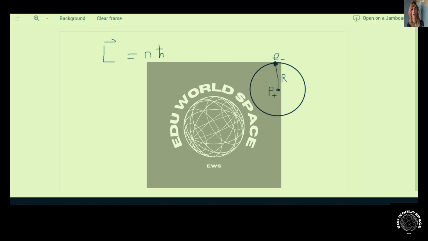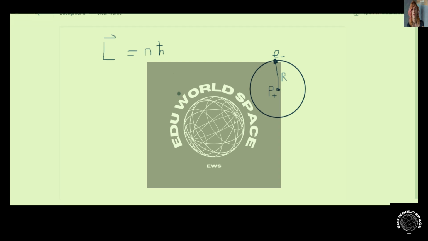So one thing to remember, and maybe the main assumption of Bohr's model, is that the angular momentum is quantized in the following manner. L is equal to n h bar.